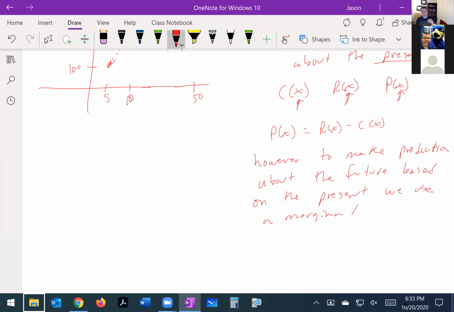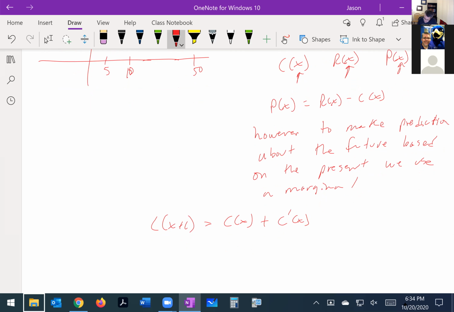And how does that help us make a prediction? Because we can make predictions about C of X plus 1. The next item is based on the previous item plus the derivative at that item.